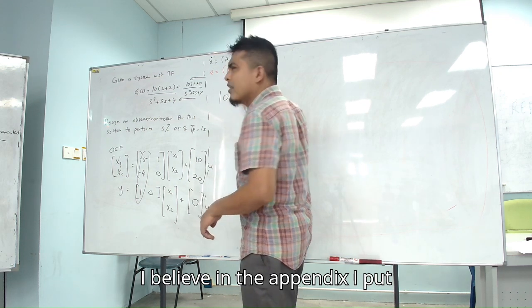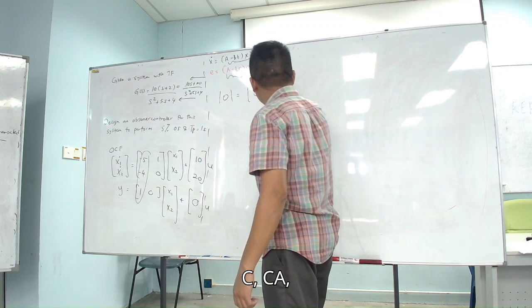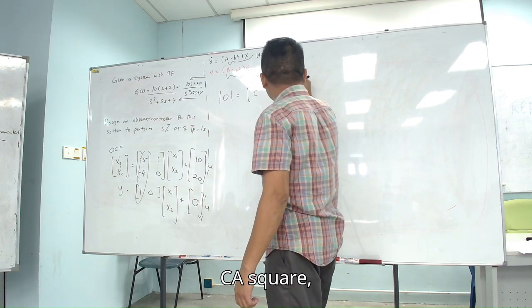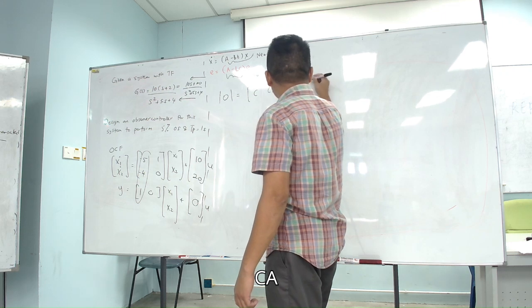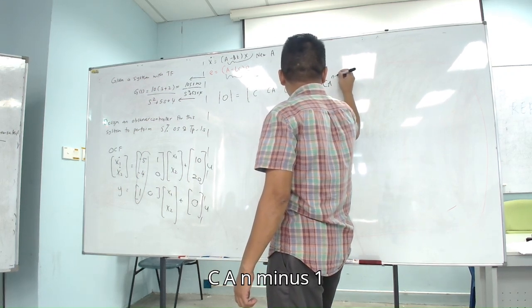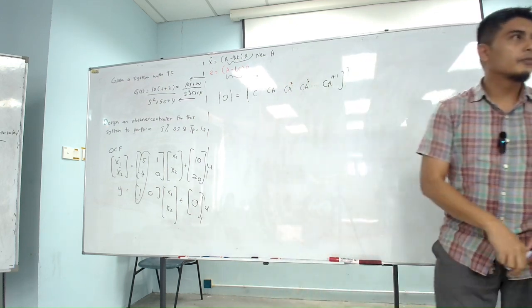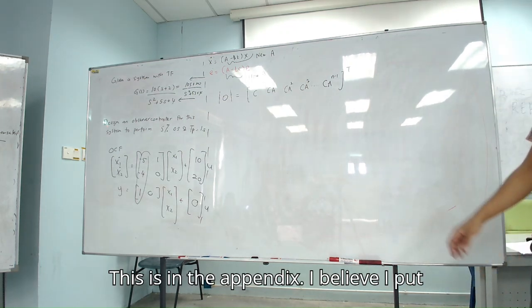I believe in the appendix I put C, CA, CA square, up to CA to the power n minus 1, transpose. Okay, this is in the appendix.